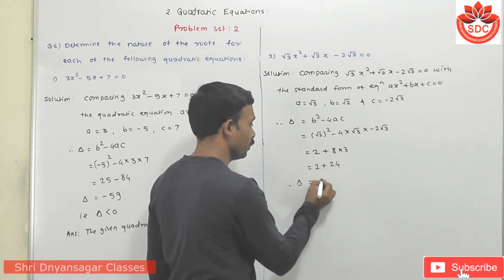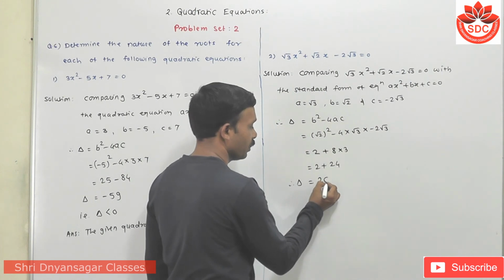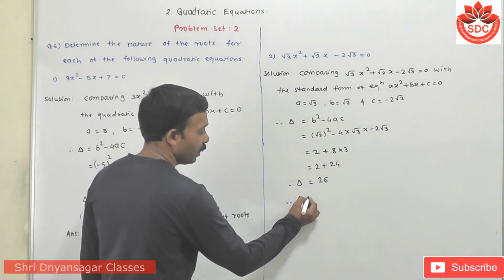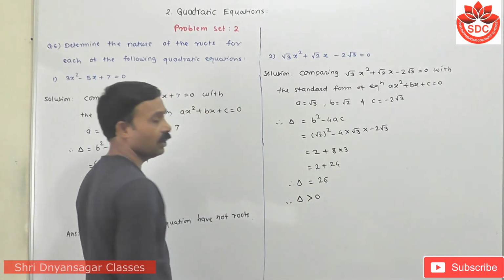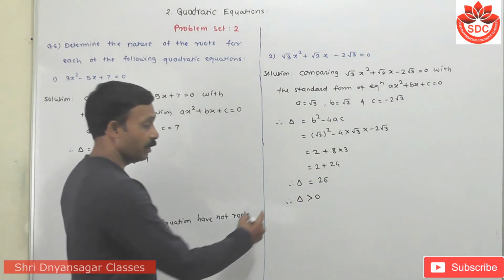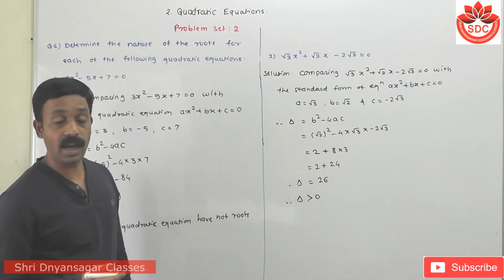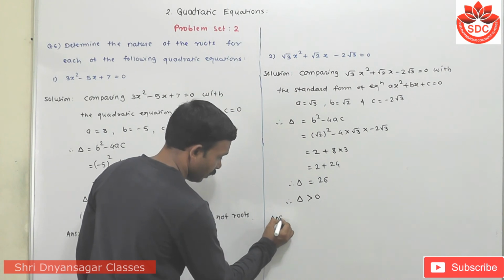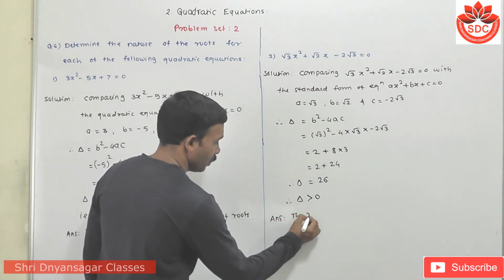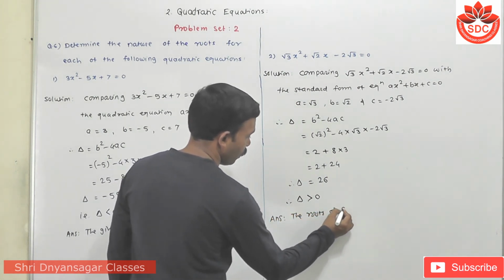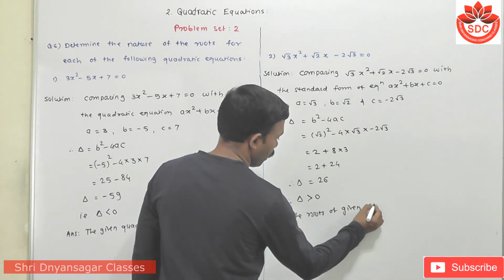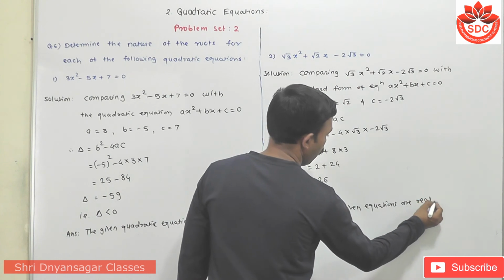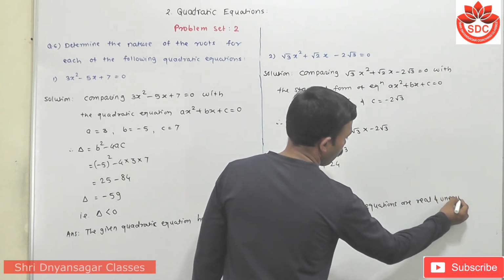Therefore delta is equal to 26, which is greater than 0. If delta is greater than 0, then the roots are real and unequal. So the answer: the roots of the given equation are real and unequal.